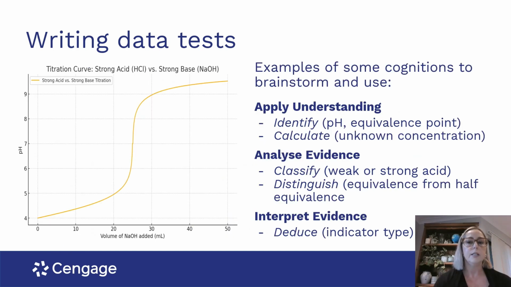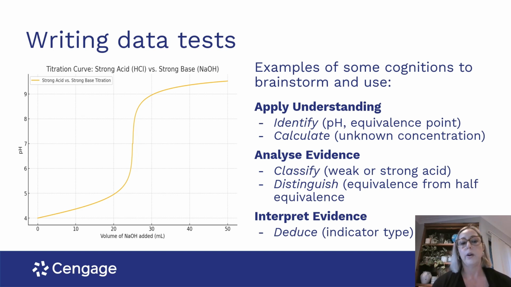Okay, so here's an example of a type of data set that you could use. So here's a graph, a titration curve, strong acid versus strong base. And when you're brainstorming, here's some examples of some cognitions that you could use. So you could use the word identify.